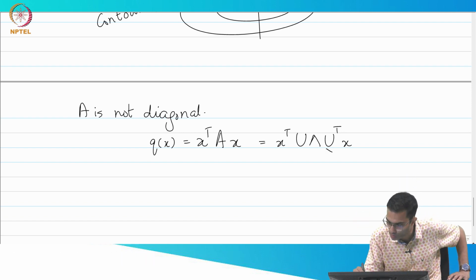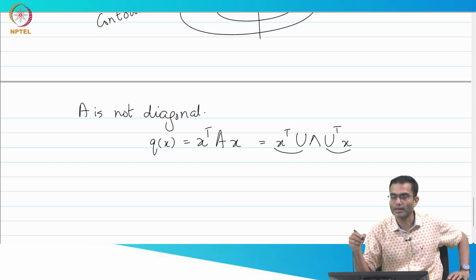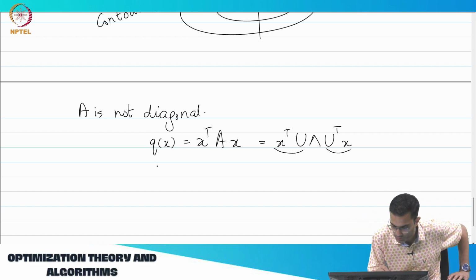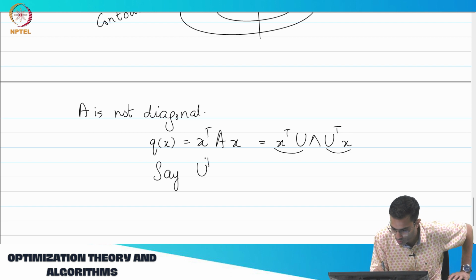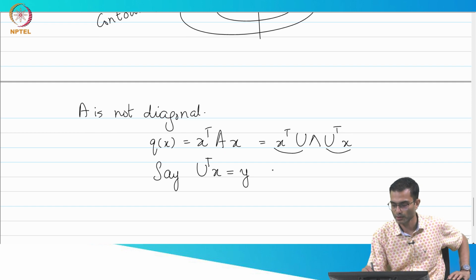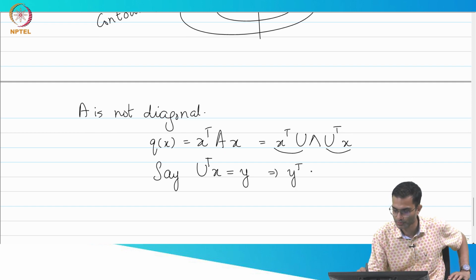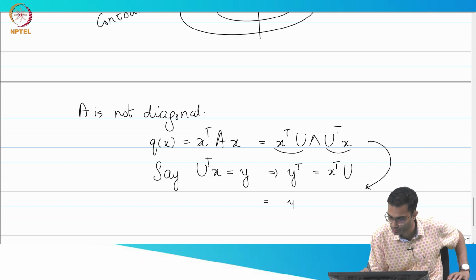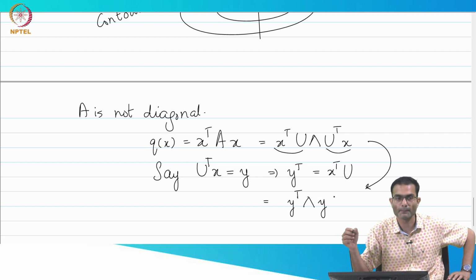If I group this and this, I have a diagonal matrix sitting in between. So supposing U transpose x is equal to y, this implies y transpose is x transpose U. So this expression becomes y transpose lambda y.